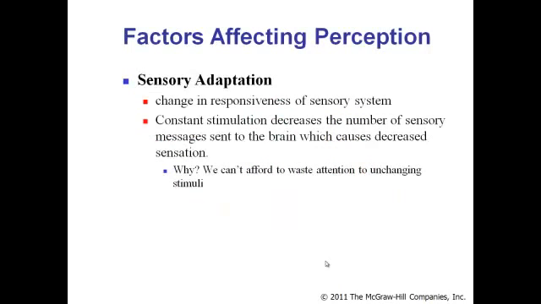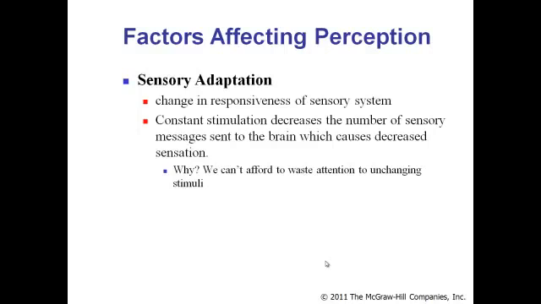Another important factor when it comes to our perception is the fact that we adapt to sensations. We are bombarded with sensory stimuli all the time. However, we do not respond constantly; we're not constantly on alert for every stimulus that hits us.